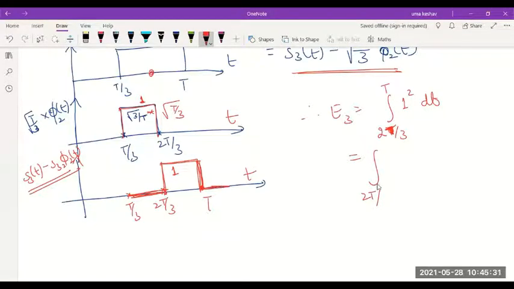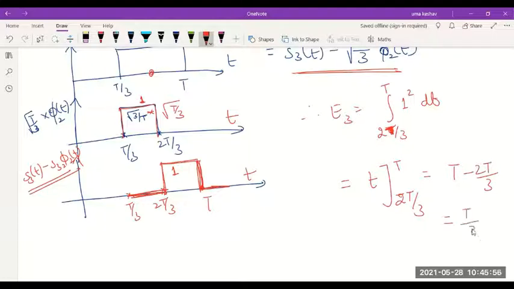This is the signal which we have found. And if you integrate it in that range, what will you get? How much do you get? This is again t in the range 2t by 3 to t. This will be t minus 2t by 3. What does it turn out to be?